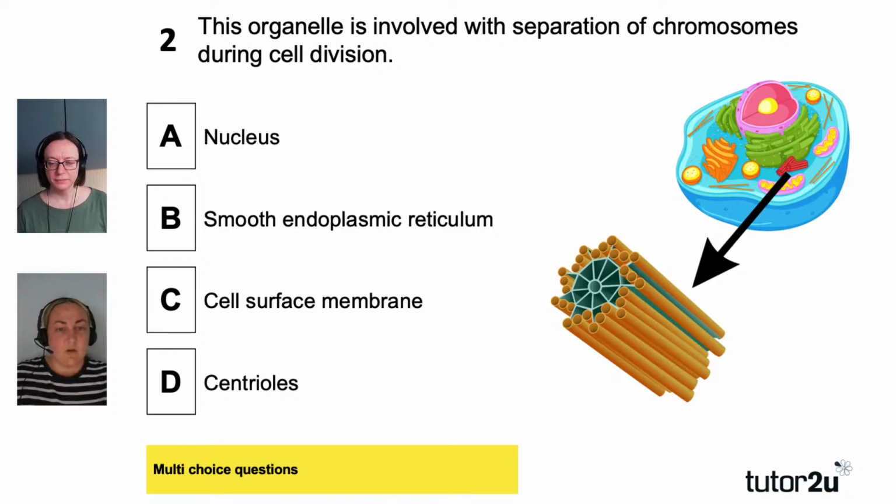It's definitely not the cell surface membrane, because we had that from the previous one, and it's definitely not the nucleus. Okay. So we're left with either smooth endoplasmic reticulum or centrioles. What do you think?